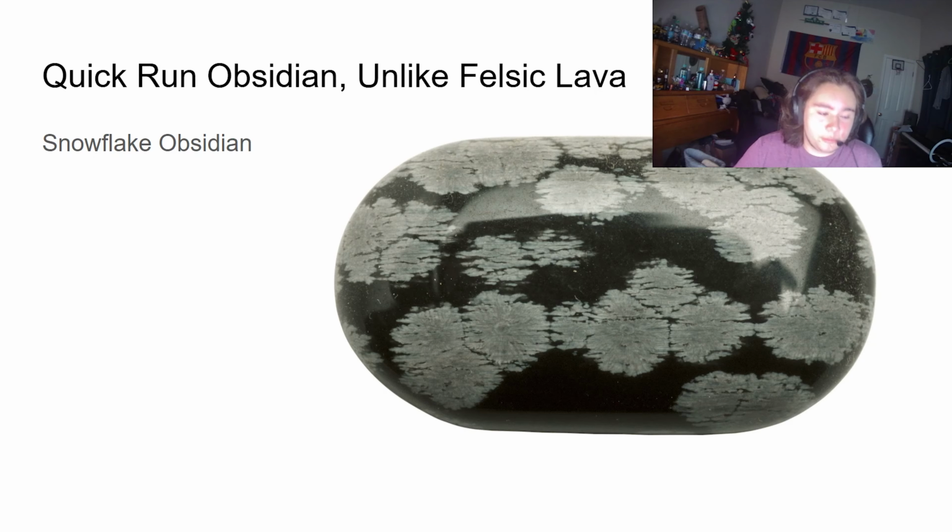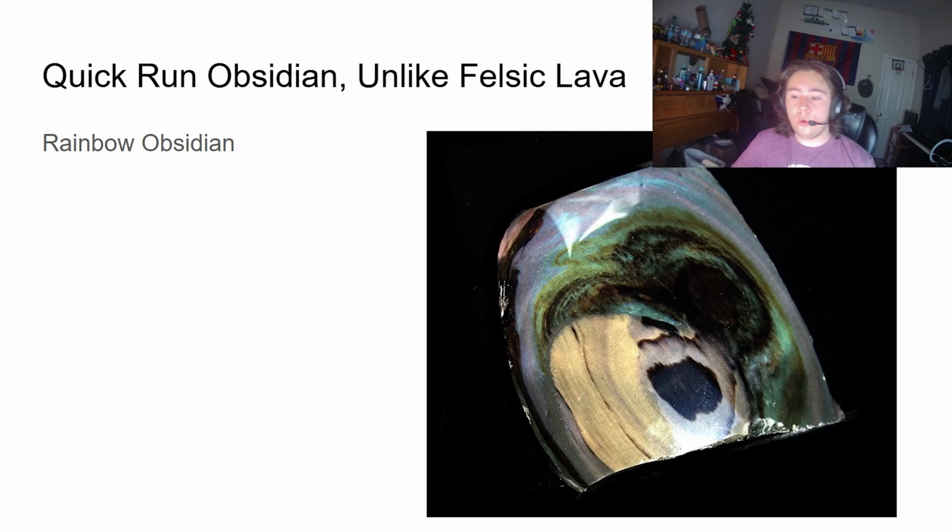This specific obsidian forms with inclusions of cristobalite and feldspar. This can also be found in the Glass Buttes area of Oregon. The next one is rainbow obsidian. Wow! Formed with the inclusions of magnetite, hematite, and feldspar. It can also be found in the Glass Buttes region of Oregon.